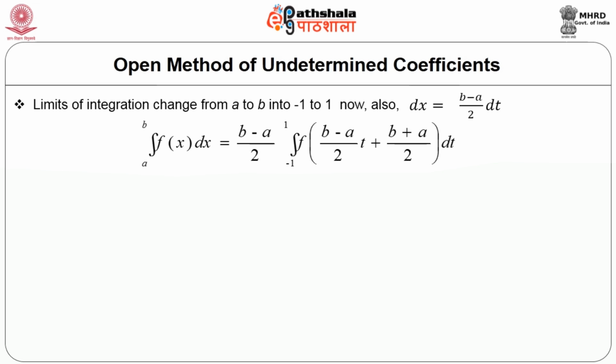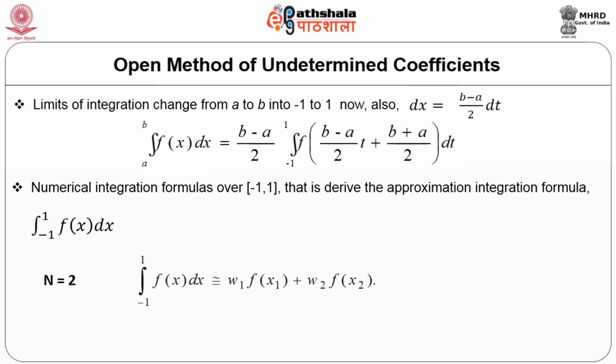So, the integral from a to b of f(x) dx is equal to, our dx is (b minus a) by 2 dt, so (b minus a) by 2 outside the integral sign and the integral from minus 1 to 1 of f of (b minus a) by 2 t plus (b plus a) by 2. So, our problem of the integral from a to b of f(x) dx gets transformed to the integral from minus 1 to 1 of g(t) dt, but let us say the integral from minus 1 to 1 of f(x) dx. So, now we shall derive the formula for evaluating the integral from minus 1 to 1 of f(x) dx.